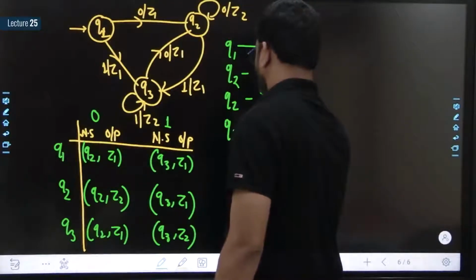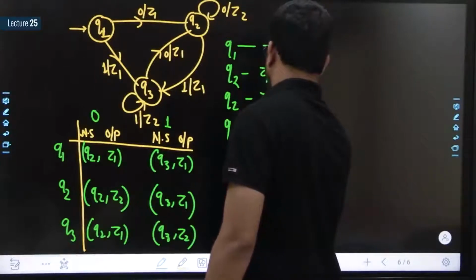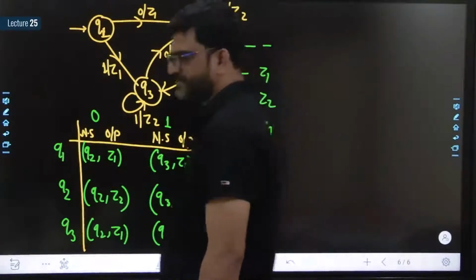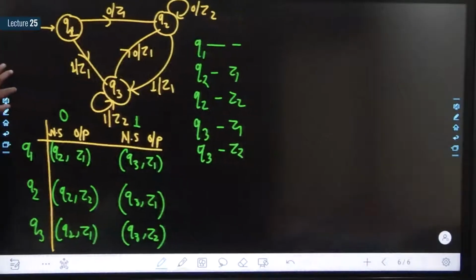Q3 has Z1 and Z2. How many states are in the equivalent Moore machine? 5. What are the names of the states? Please see.